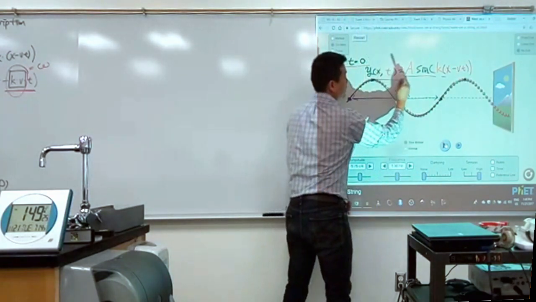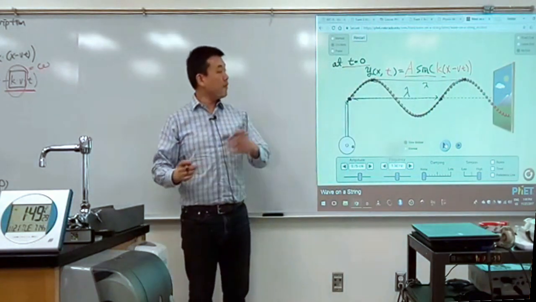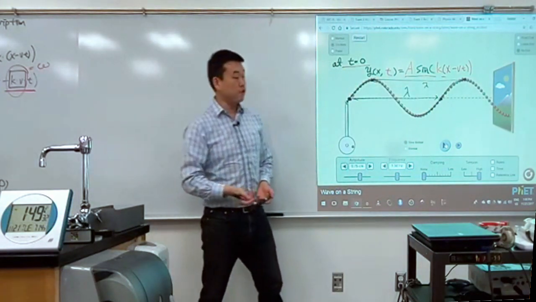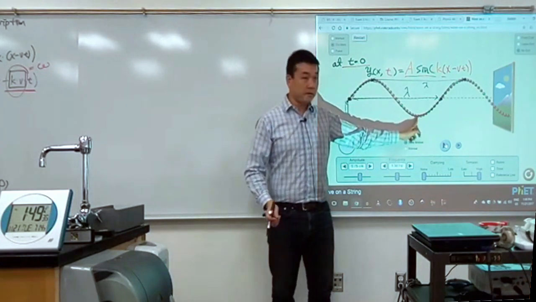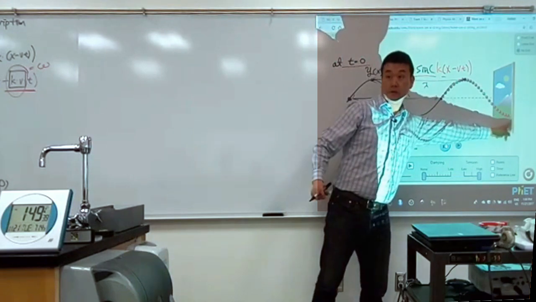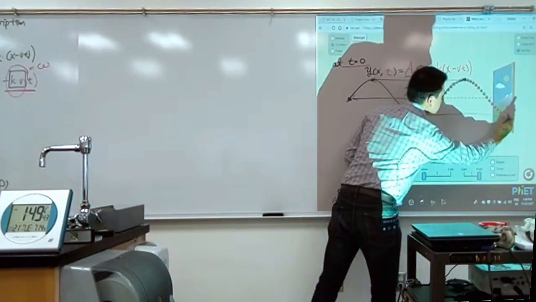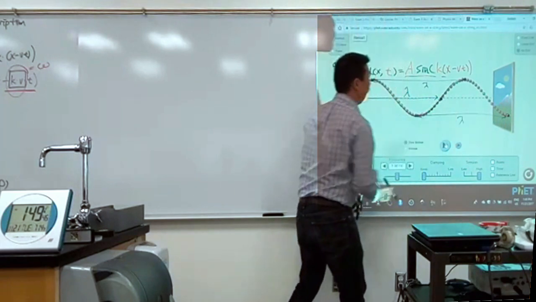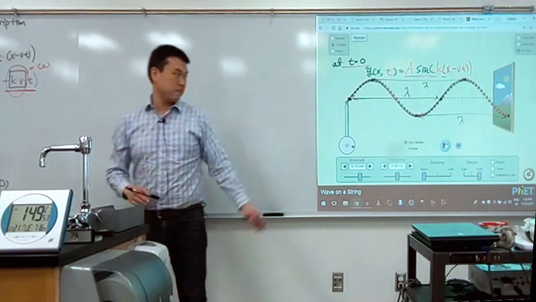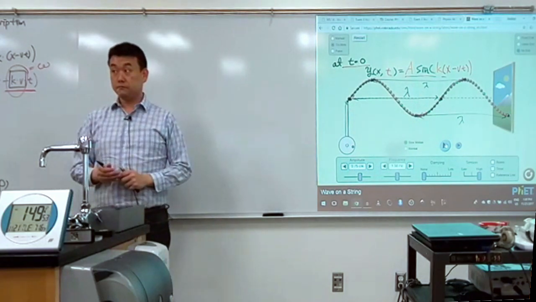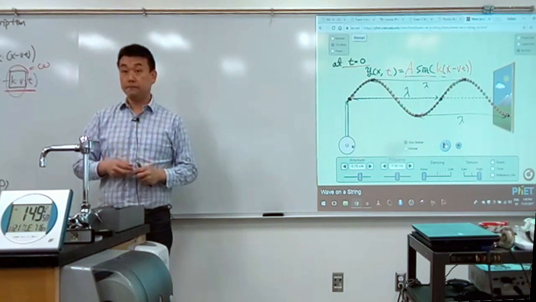So this would be another way to measure wavelength, lambda. Or one last way to measure wavelength, lambda, would be trough to trough, the lowest point to the lowest point. So from here to here. And I want you to see these drawings and convince yourself that these 3 different ways of measuring wavelength give you the same number. However you are measuring it, it gives you the same wavelength.